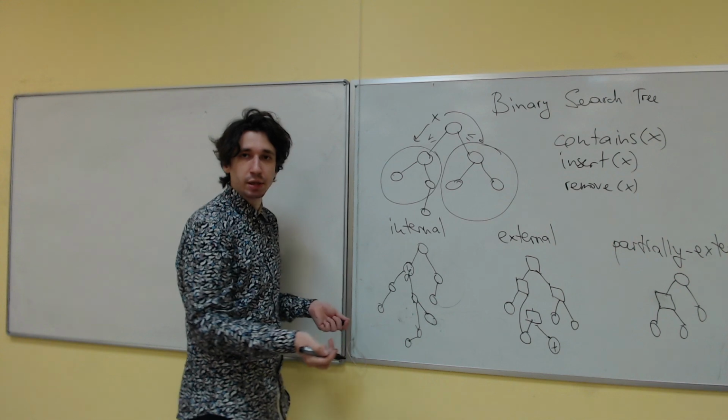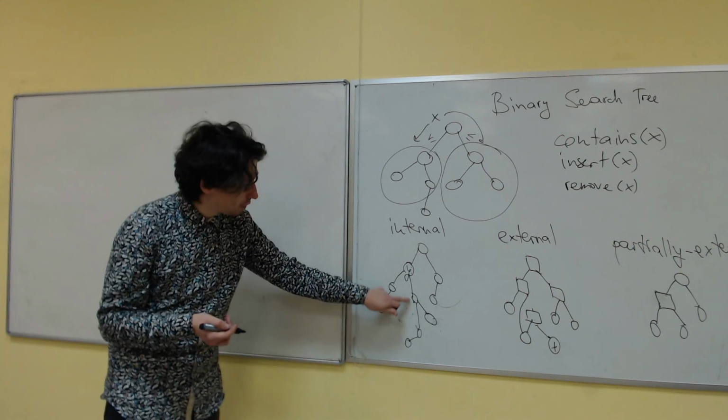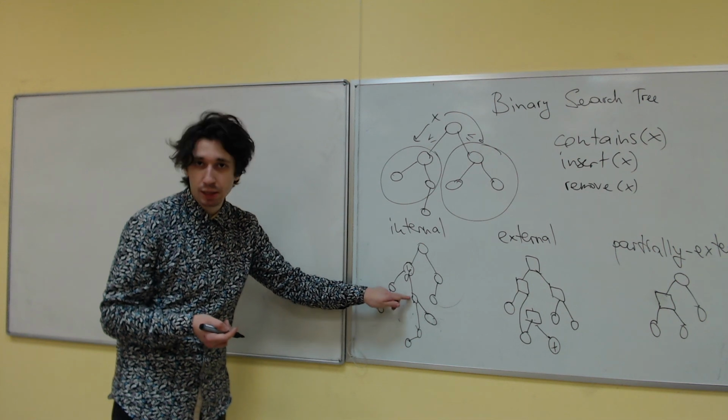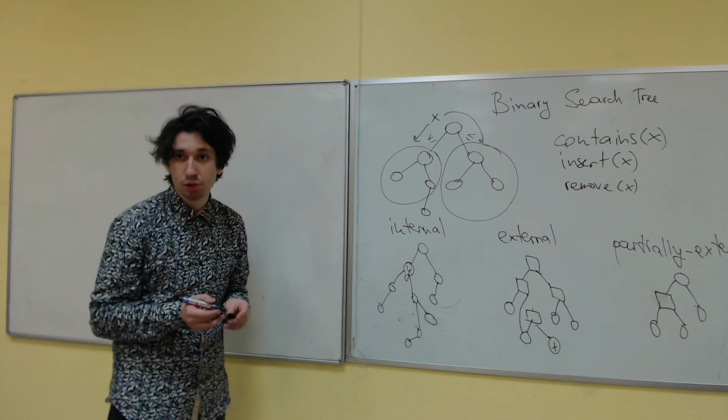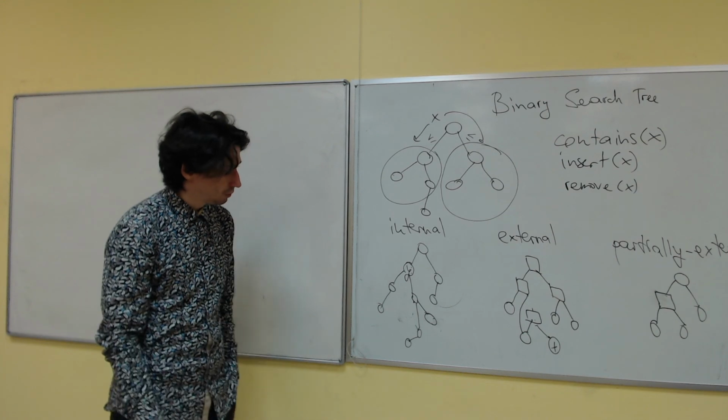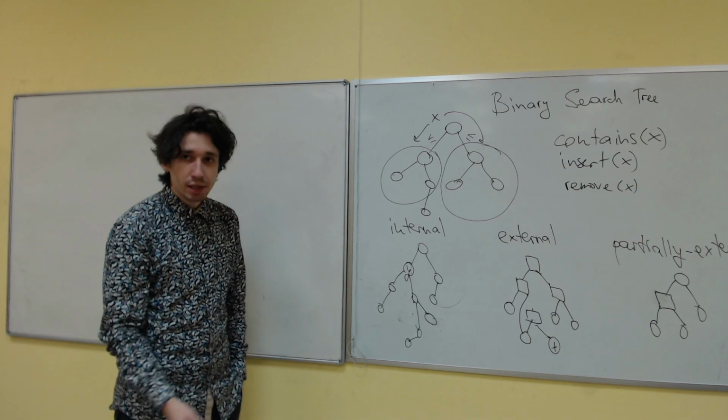So your tree is still correct, because everything here was less than this node, and if we link it, everything is still less than this node.